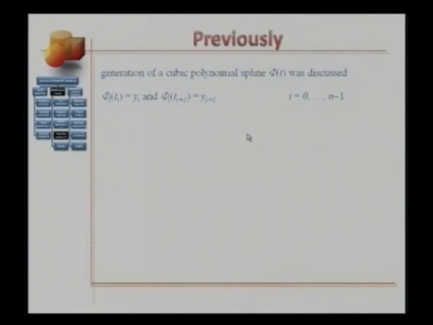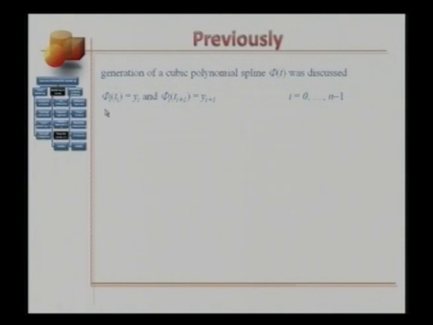Recall how we constructed the cubic polynomial spline. We did that as a piecewise continuous curve, which was twice differentiable throughout the definition of domain. That is, the cubic piecewise continuous spline was differentiable in the entire range of t.